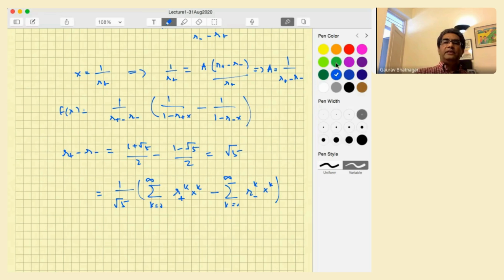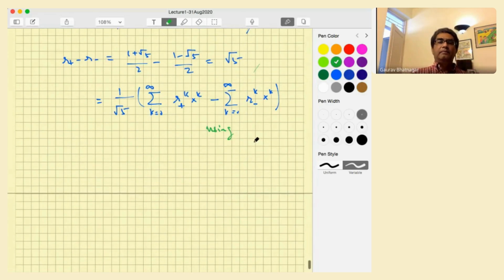So what did I use? I used the geometric series, either formally or for maximum value of x less than the radius.